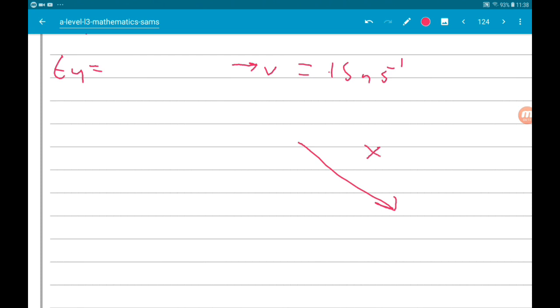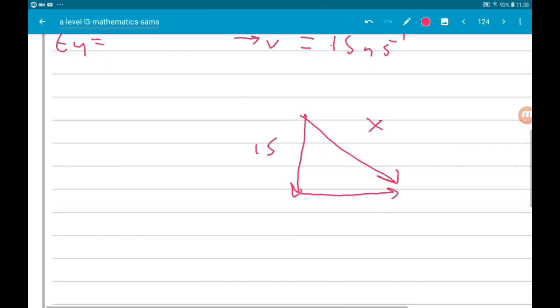So we now know the downward component has a magnitude of 15. Horizontal has a magnitude of 12.